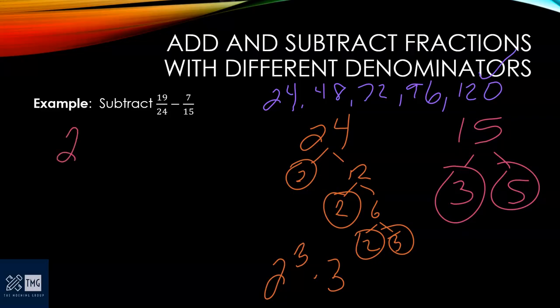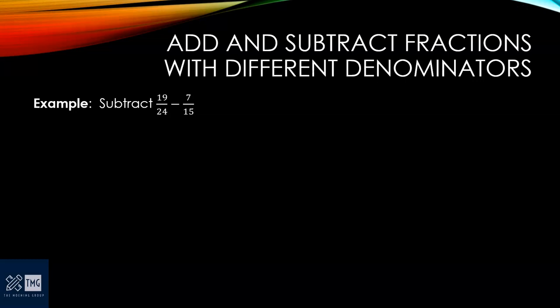So I'm going to need 2 cubed times 3 times 5, which happens to be 120. So my common denominator for these two is 120, whether you do the listing piece or breaking down to a product of primes.